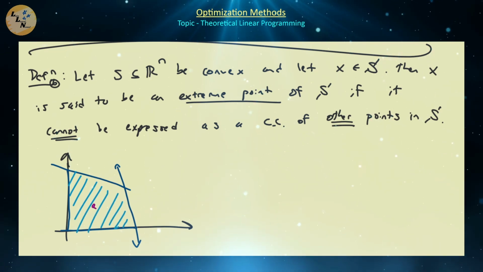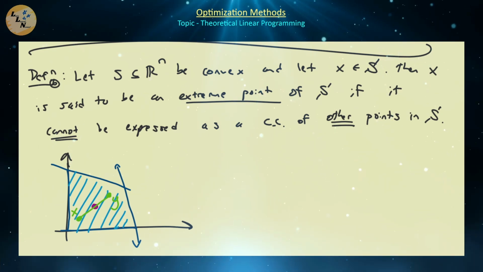One can ask, is this an extreme point? Well, can it be represented as a convex combination of two other points? Yes. For example, you could choose this point here, x, and that point there, y, and connect them, and there would be some number t that would parameterize that point along that line. Therefore, that purple point is not an extreme point.